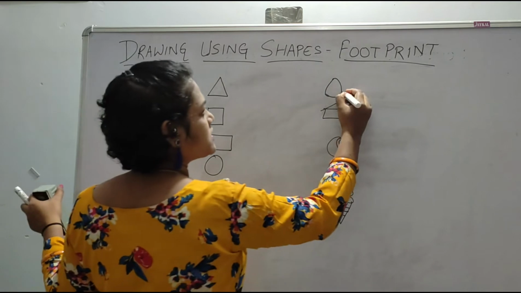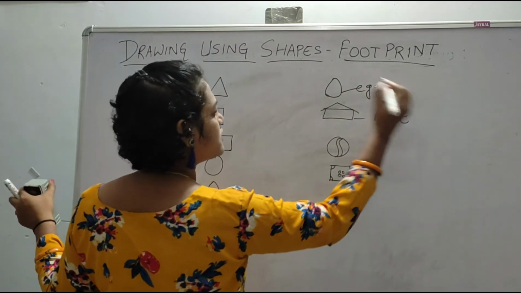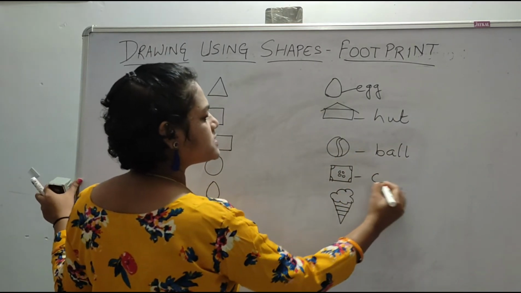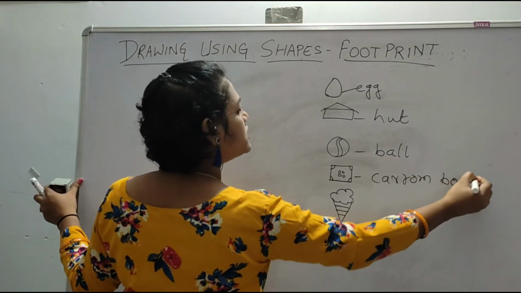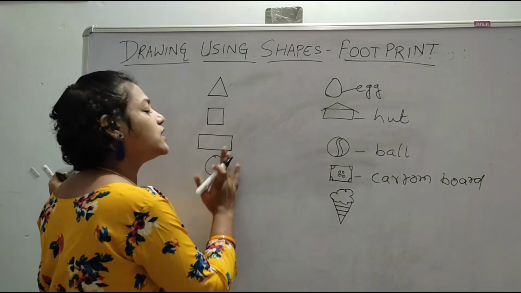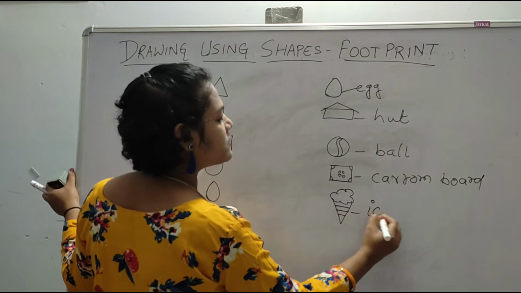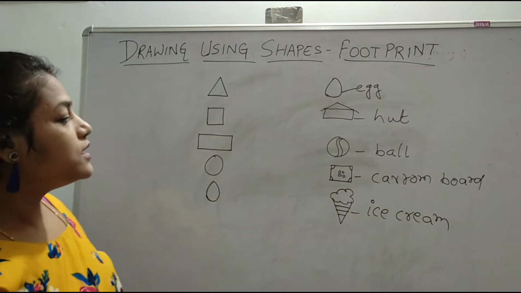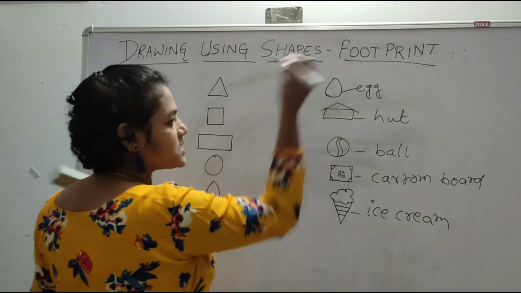What are those shapes? This can be, say, an egg. This is your heart. This is your ball, and this is a carom board. For small students, you can tell them these examples so that with the help of these examples they can remember the shapes. And this is ice cream, very well known to everyone. So here we will see how we can match these shapes with these examples.